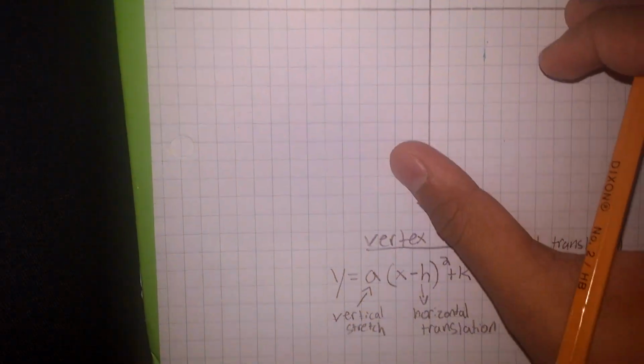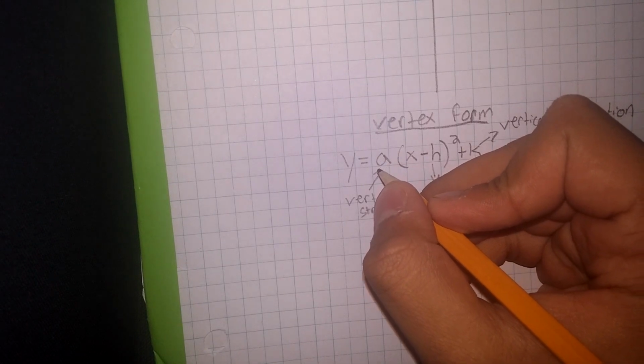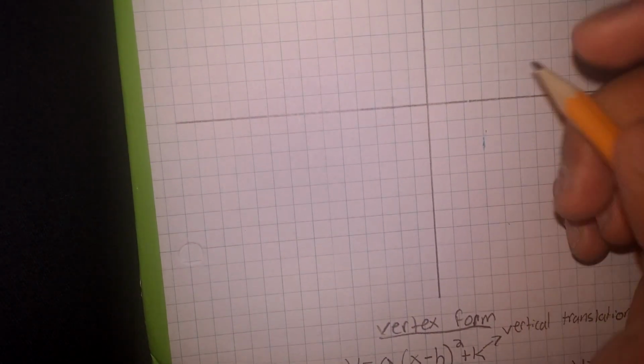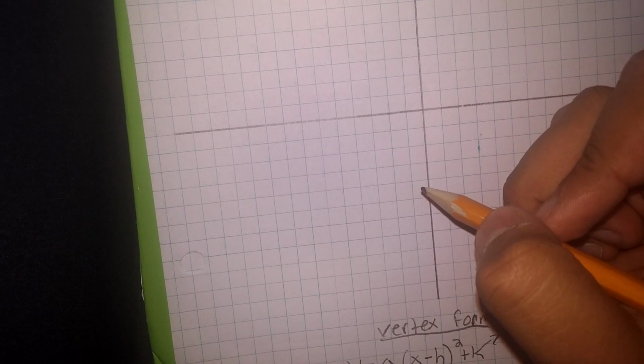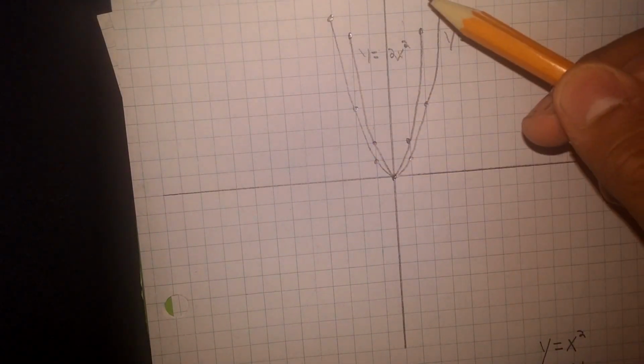Another thing I forgot to tell you is that if a is negative, that means the graph opens downwards. So if I was to show you this example over here again, these graphs are opening upwards.